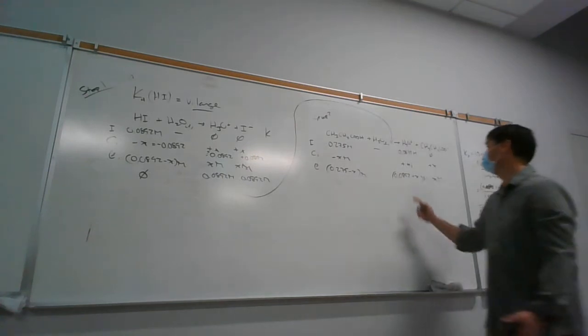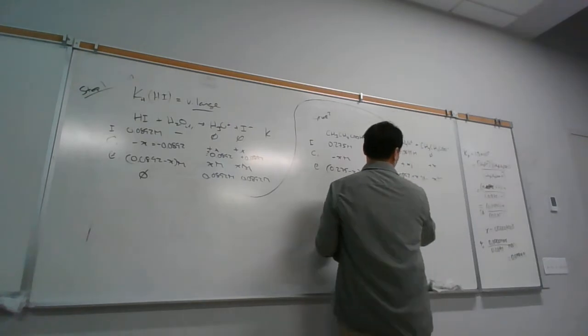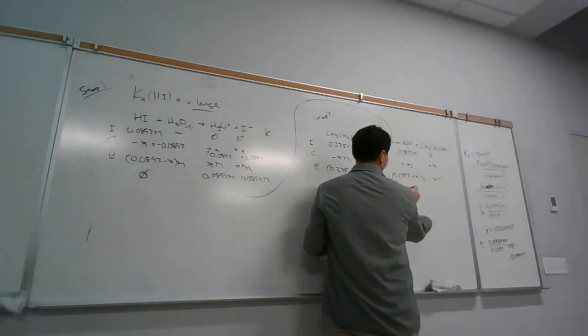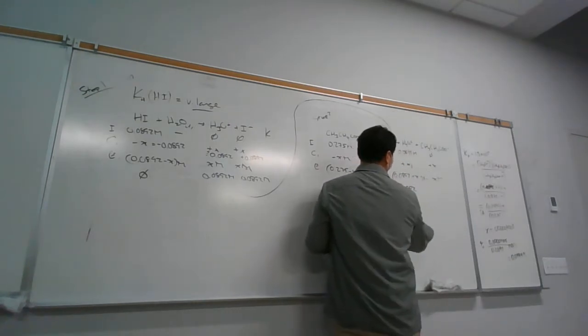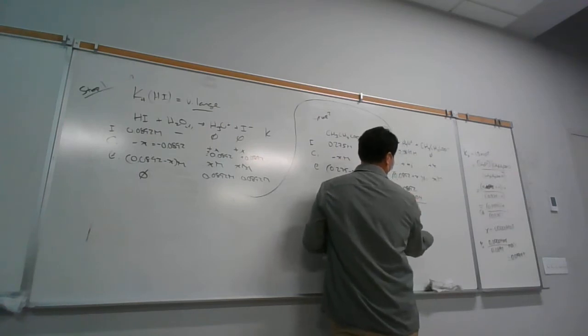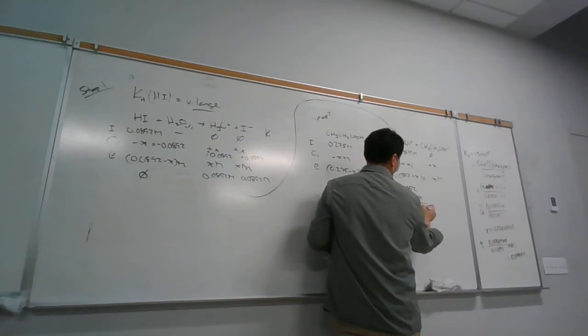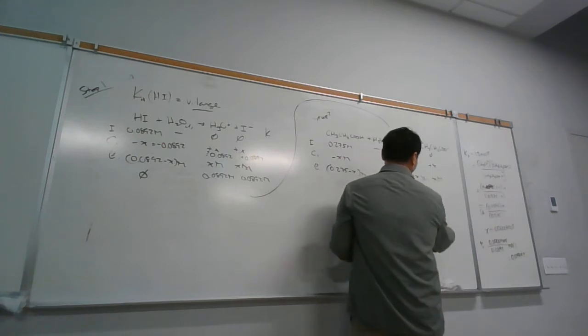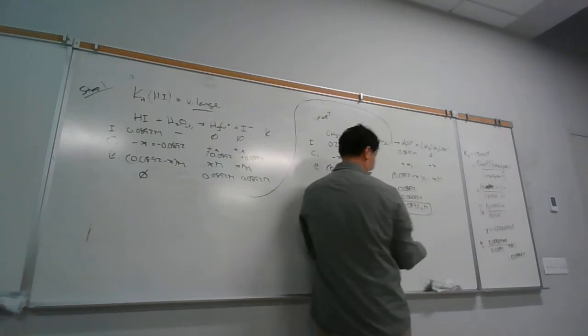And so if I'm interested in the pH, I wouldn't have done step 2, because this is not really going to change the pH much. So if I go from 0.0892 to 0.08924, what would the pH have changed?